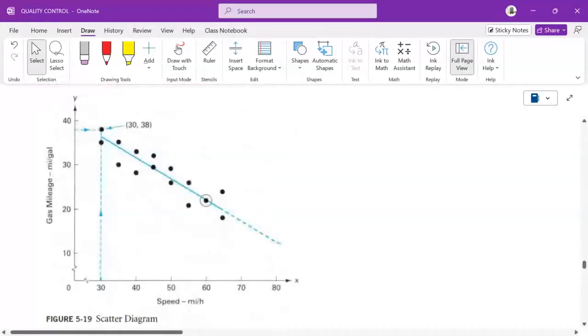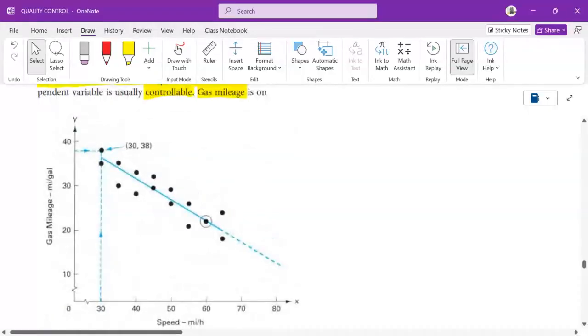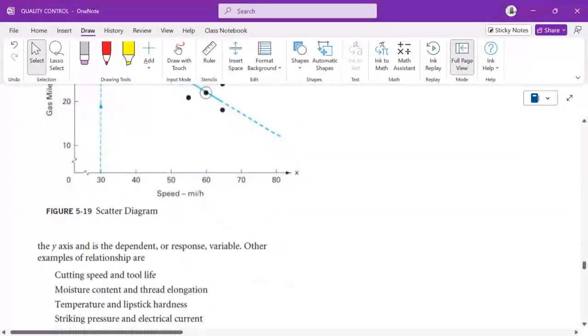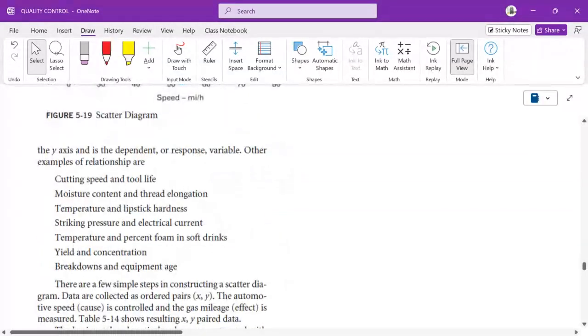And then you are obviously going to draw this. We're going to draw this graph together just now. The y-axis is the dependent or response variable. Other examples of relationships are the cutting speed and tool life. If you have seen a grinder, the faster you cut, the quicker you'll eat your blade. Then moisture content and thread elongation, that I don't know.